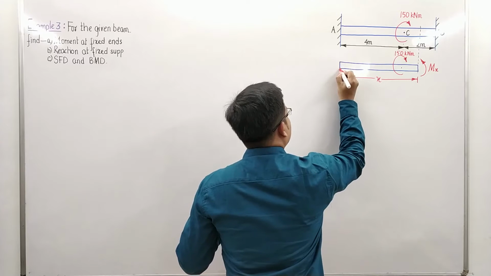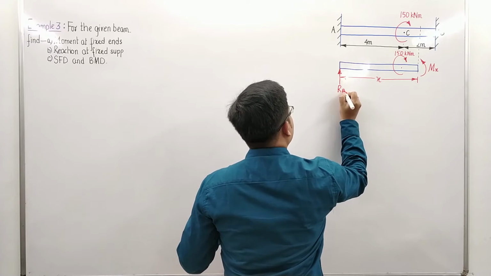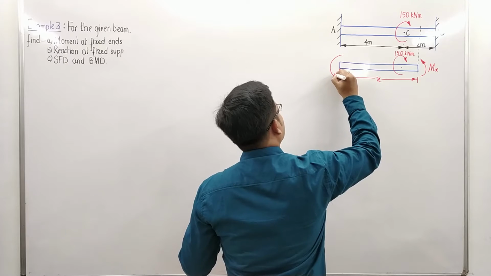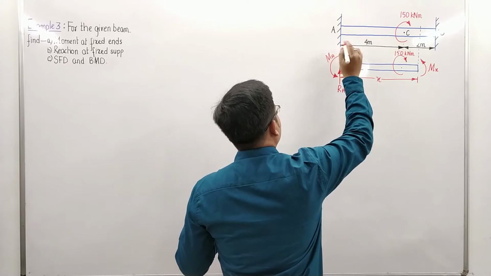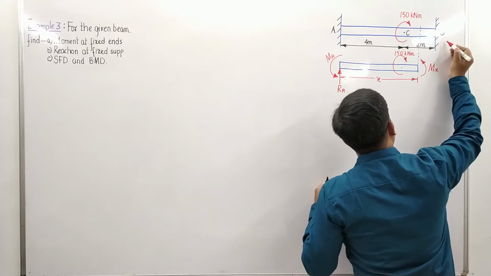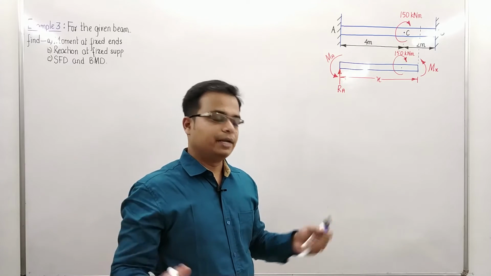Apart from this, if you watch, remove this fixing support. This can essentially be replaced with a reaction. Let's name this as RA simply, and there is going to be a hogging moment. Let's say fixing moment. Let's name it by MA, and a similar fixing moment of hogging nature is going to act at B, that is MB. We are going to calculate all of those things. Not to worry.